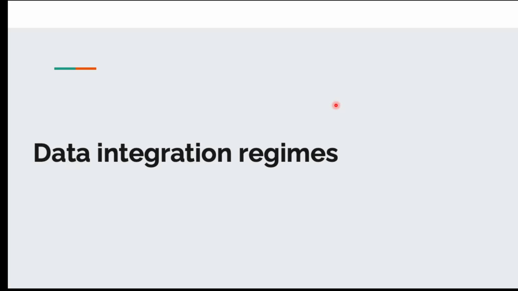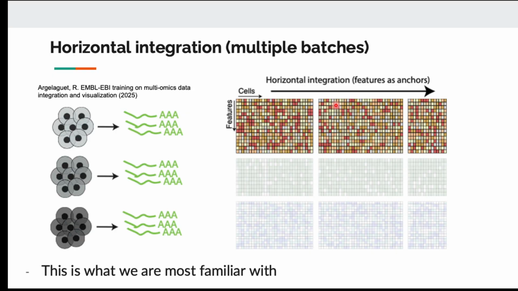So when we think about how we integrate different types of data, in the single cell lecture, we actually talked about one type of data integration before, and that is what people call horizontal integration, or integration across batches. So you have different experiments, maybe analyzing the same disease, maybe single cell data from the same cancer, like liver cancer.